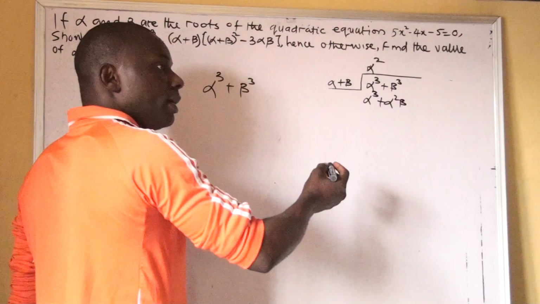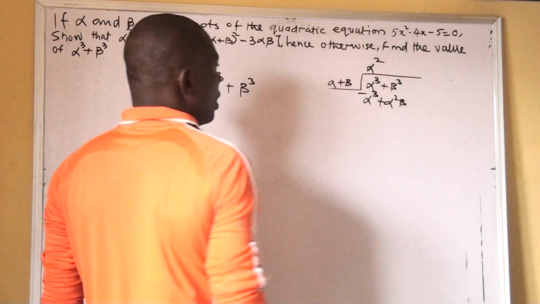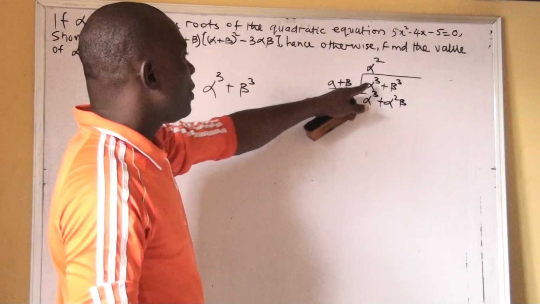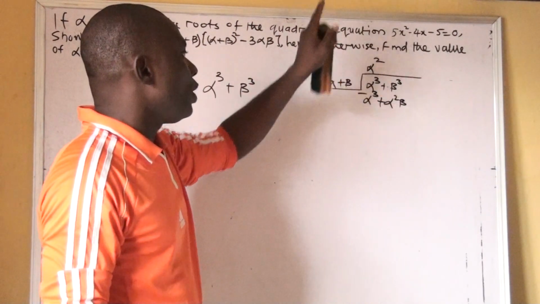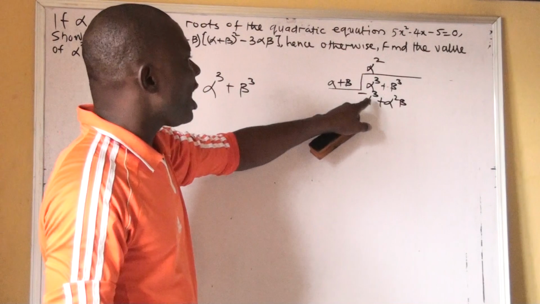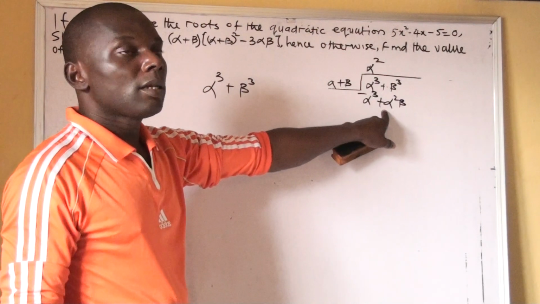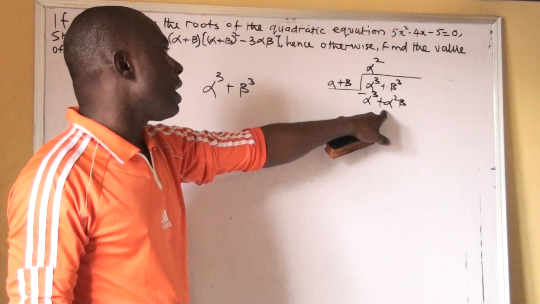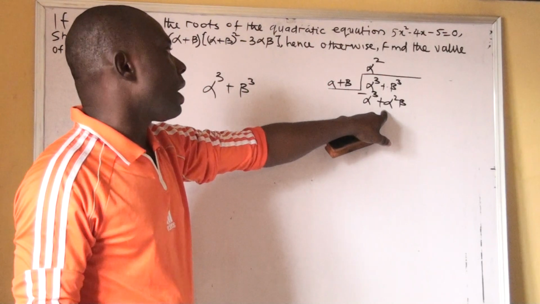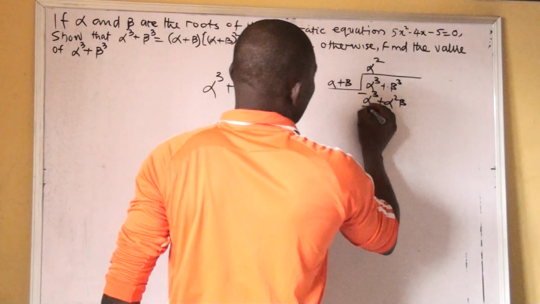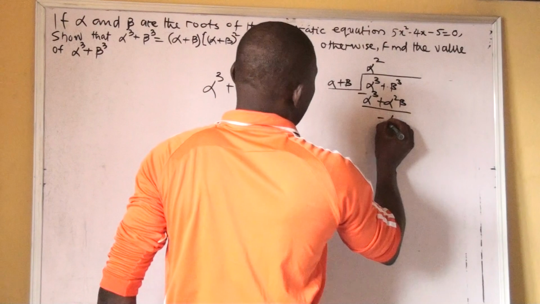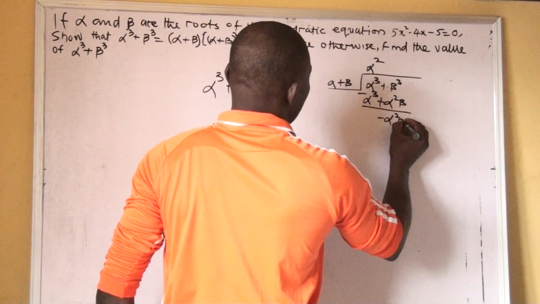The next step is we subtract. In subtraction, alpha cube minus alpha cube will be off. The minus will only affect alpha square beta, and here, if we do that, this will go minus alpha square beta.